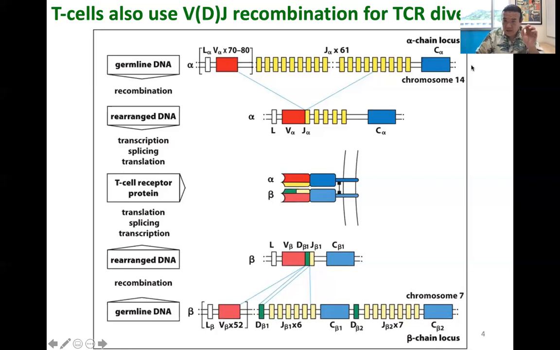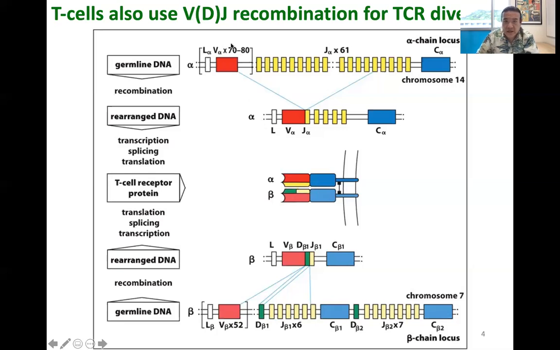Keep in mind, though, that these are different loci, or different gene fragments, than the ones in our immunoglobulin gene loci. It's a little confusing because the group of little fragments where VDJ happens to make the alpha chain of the T cells is also on chromosome 14.